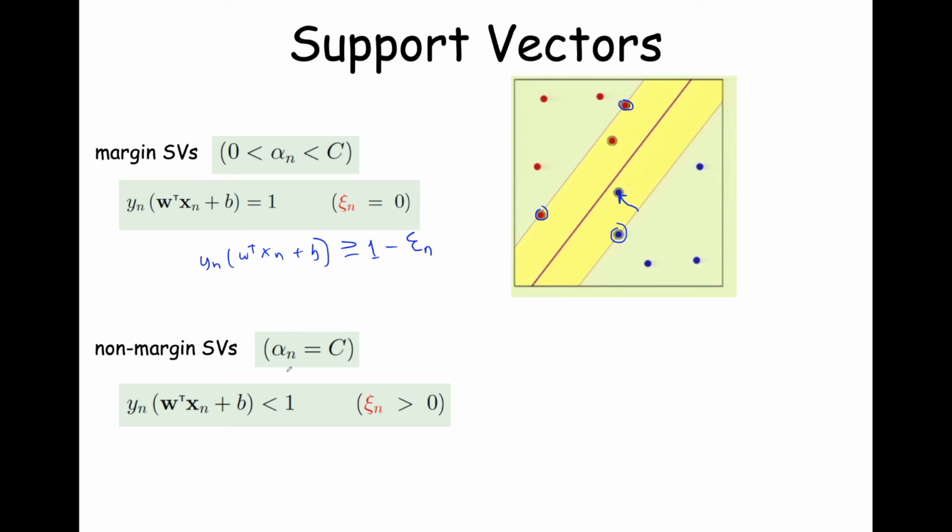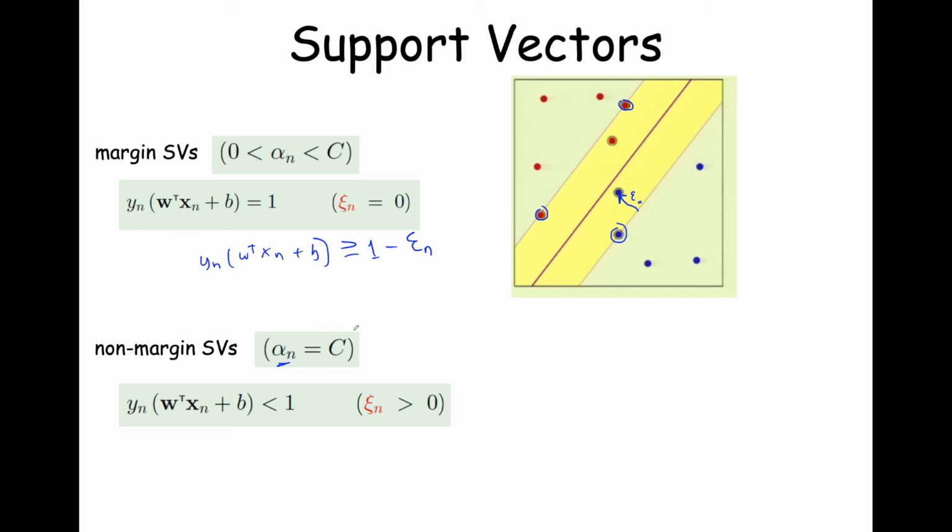But the non-margin points, those margin violating points, are going to have your psi n greater than 0, right? Because this psi n represents the amount of margin violation. And consequently, those non-margin support vectors are going to have an alpha that's equal to C. So here we have alpha less than C. Here we have the Lagrange multiplier for that margin violating point: alpha n is equal to C.